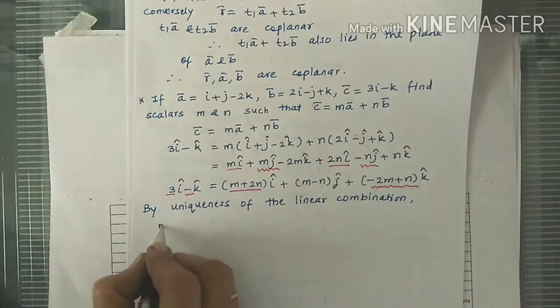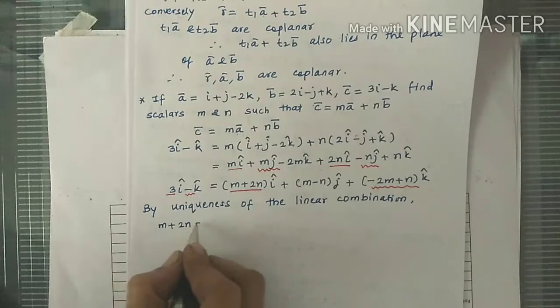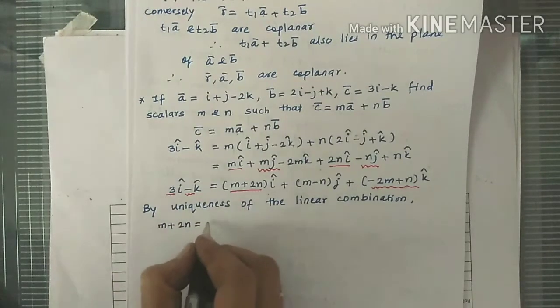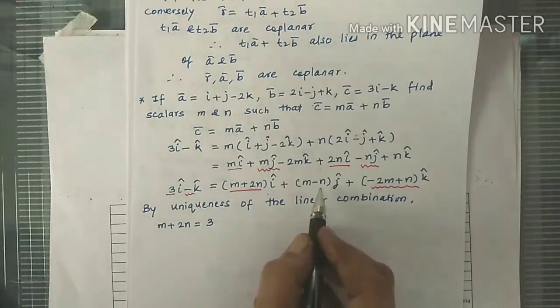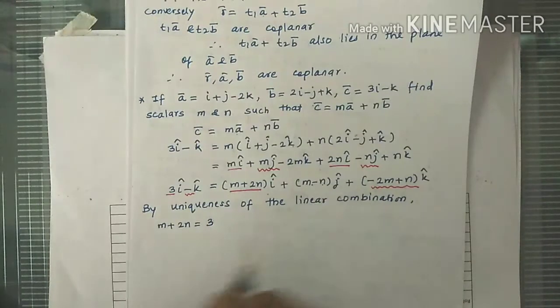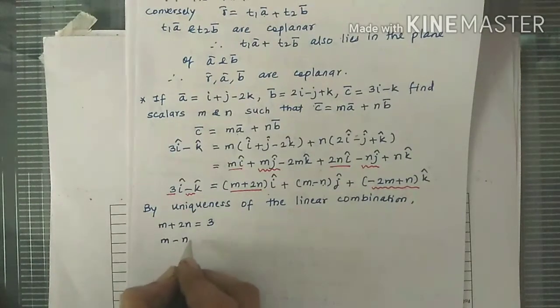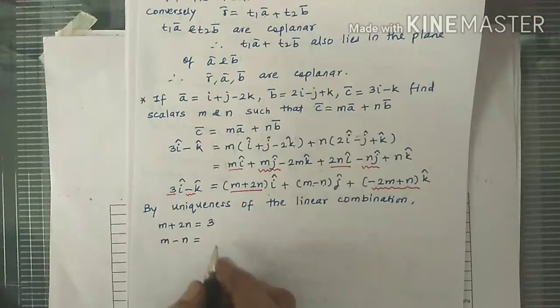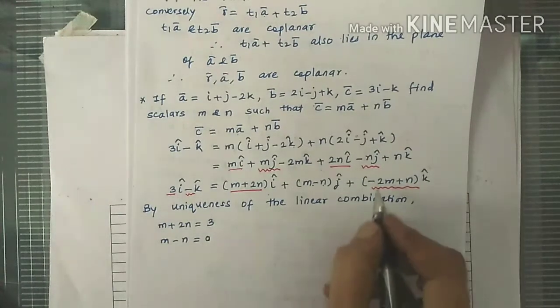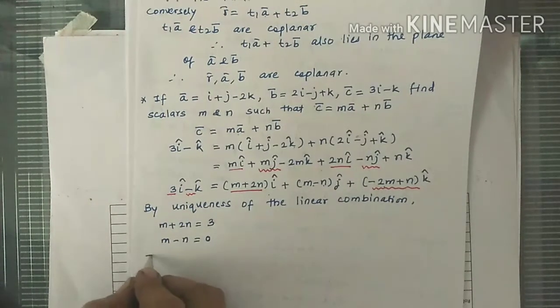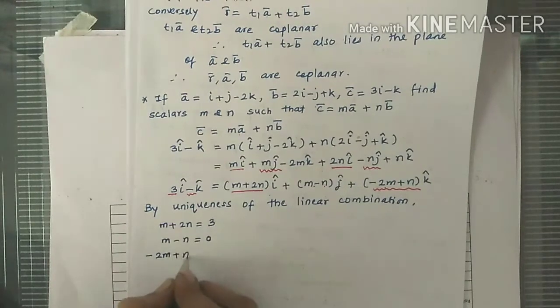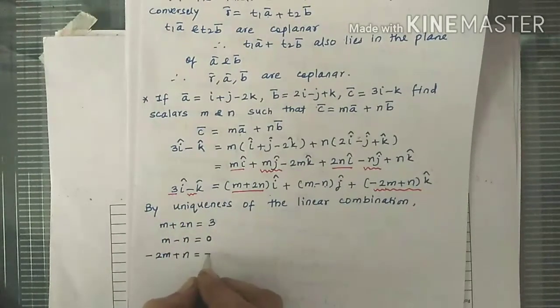So we have m plus 2n, which is the coefficient of i, and here it is 3. Now the coefficient of j cap, here it is m minus n, but in the left hand side we don't have a term in j, so that becomes 0. And the coefficients of k are minus 2m plus n, and here it is minus 1.